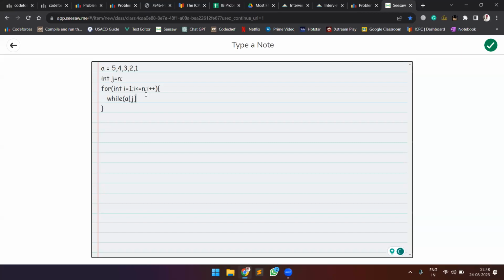While a of j is less than equal to i. Wait a minute. While a of j, yeah, my bad. If a of j is less than i, yeah, we'll do j minus minus.